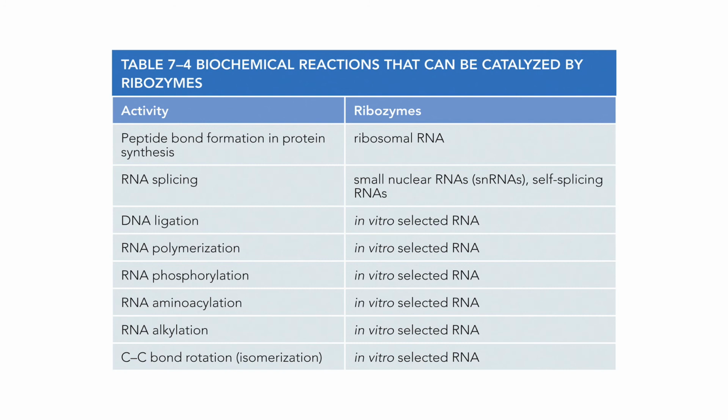DNA ligation is the joining of two DNA molecules, or they've been selected or constructed to carry out RNA polymerization, meaning it can actually function as an RNA polymerase and make an RNA molecule.